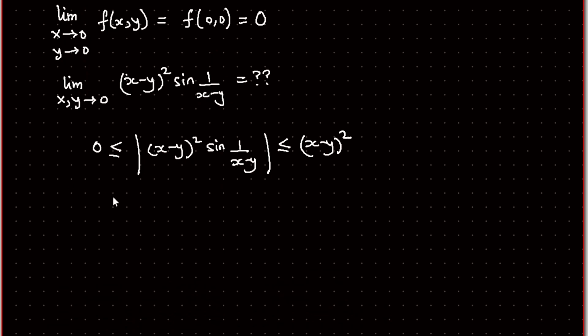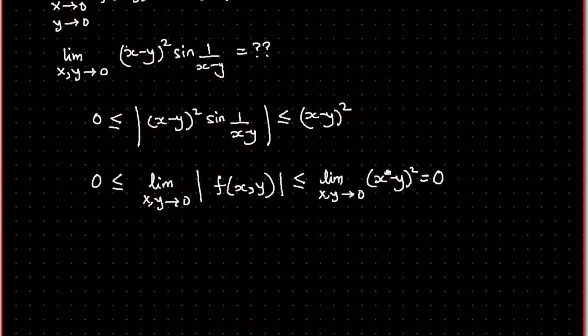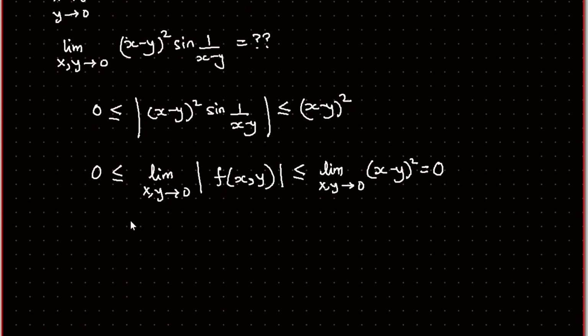Now if I apply the limit, I get 0 less than or equal to the limit as (x,y) goes to 0 of the modulus of the function f(x,y), less than or equal to the limit of (x − y)², which is nothing but 0, right?